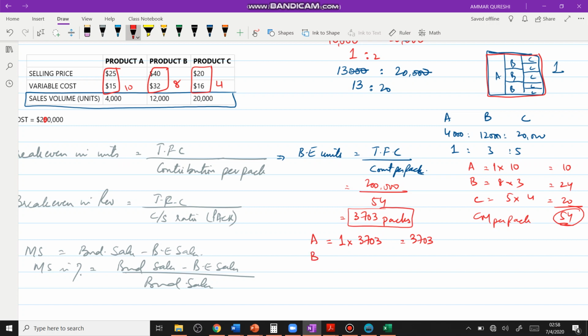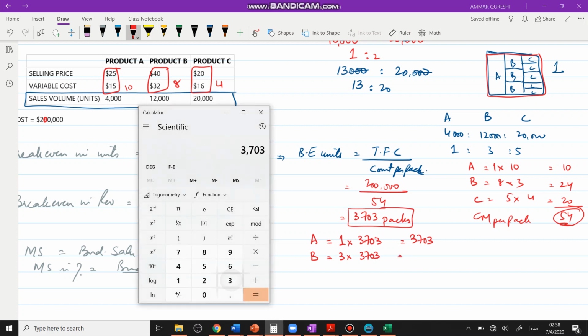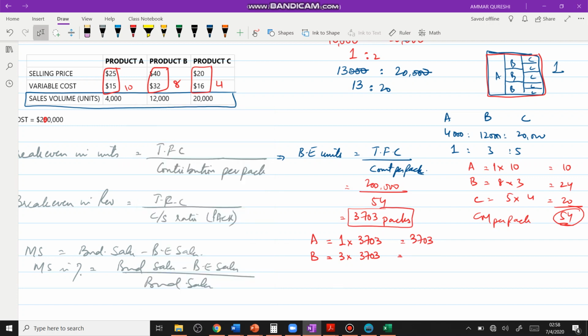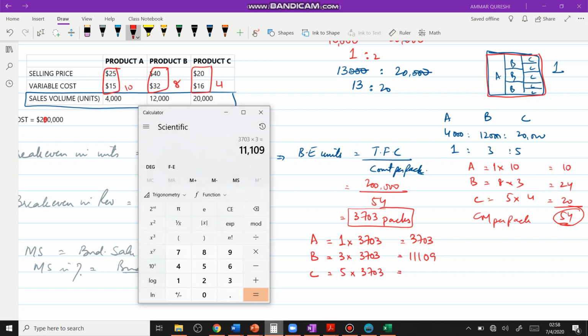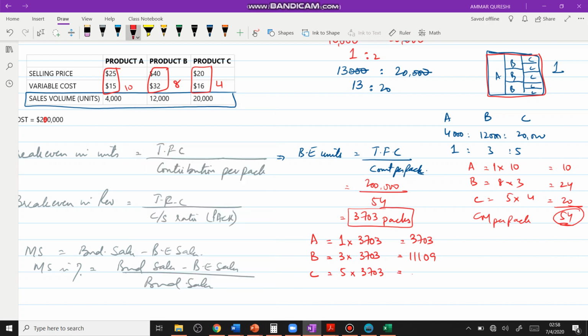How many units of B will you find in that packet? 3 multiplied by 3703 is 11109. And there will be 5 units of product C per packet, so 3703 times 5 is 18515.